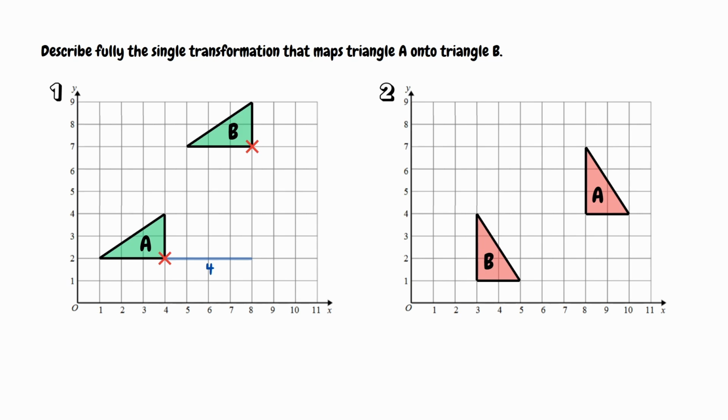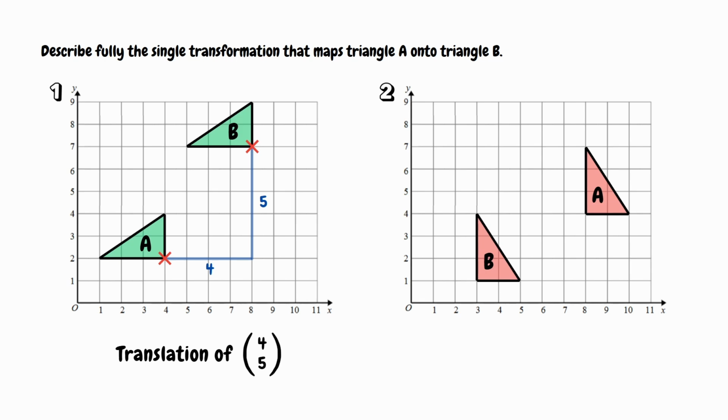So again, we're going to have another positive value. So if we look at the y-axis, we're going from 2 all the way up to 7. So that would be 5. So again, a positive 5 because we're going up. So how would we describe this transformation? Well, again, we know it's a translation of, and the vector would be 4, 5.